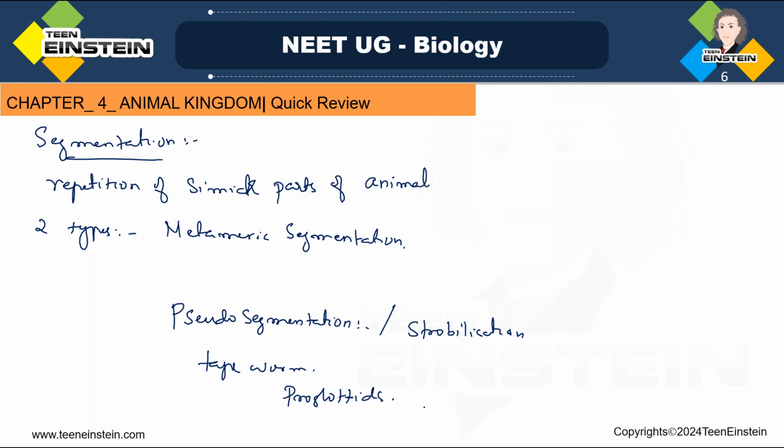Okay. In which one? In pseudo segmentation. Segments will be there, but there is no repetition in the body organs, or the body parts are different from each other. There are no repeated body parts in the segments, and that is called proglottids. Okay. So this is the segmentation details.